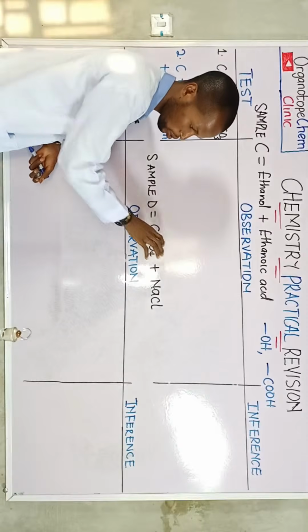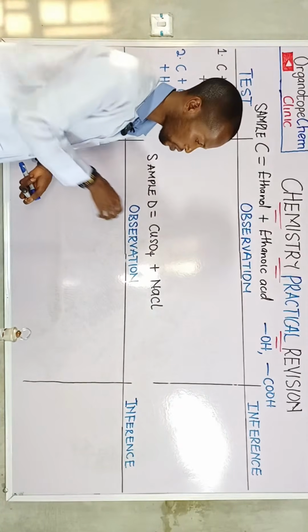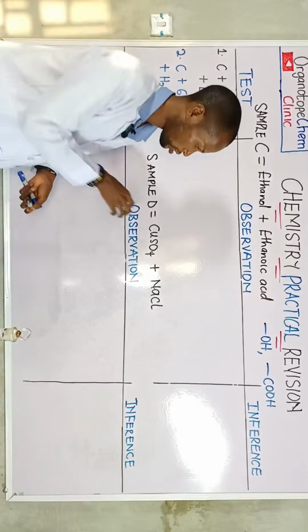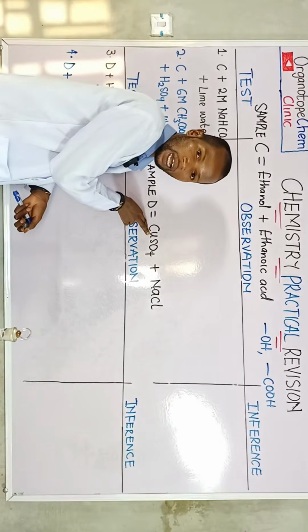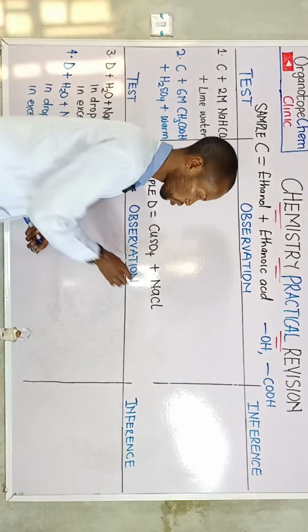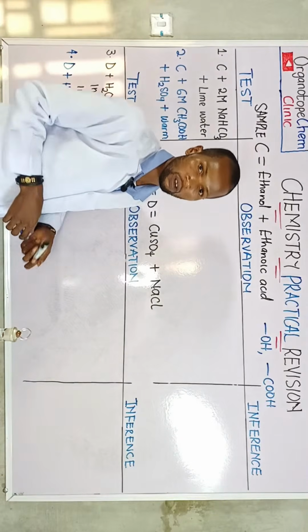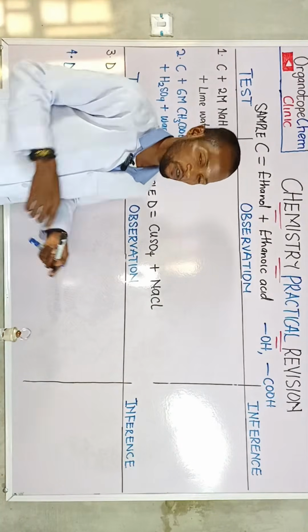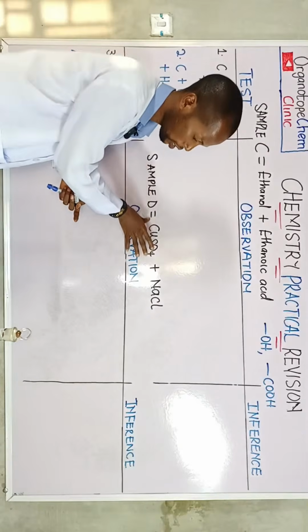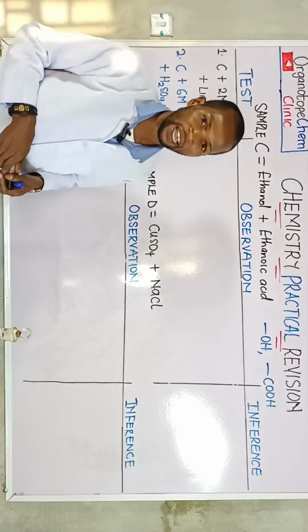Now, in the two components that make up sample D, we are going to be testing for the cation, which is the copper-2 ion, and also for the chloride in the sodium chloride. So we've been able to extract the facts from the reagent provided.